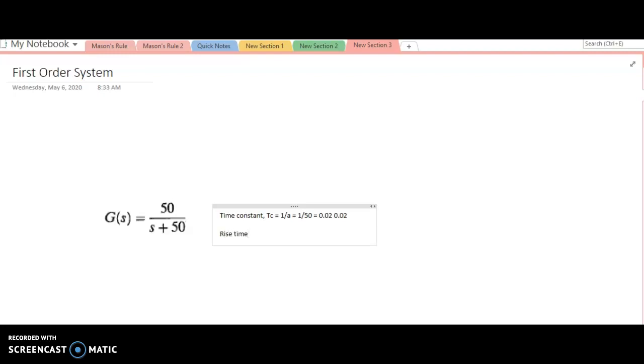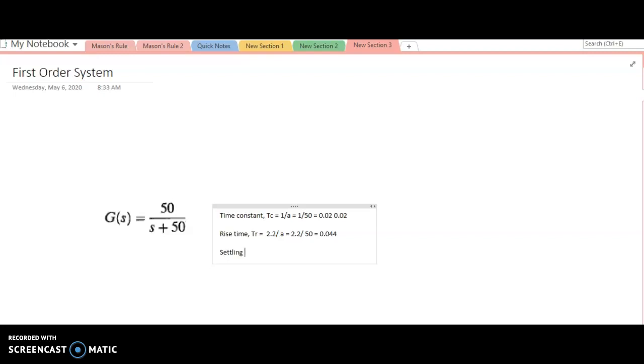Rise time TR equal 2.2 divided by A. So 2.2 divided by 50, you can get 0.004.